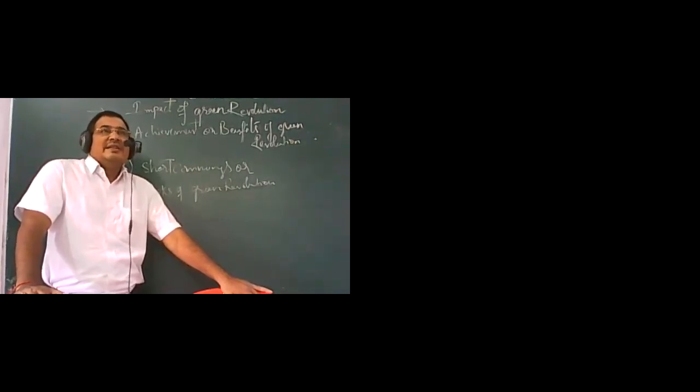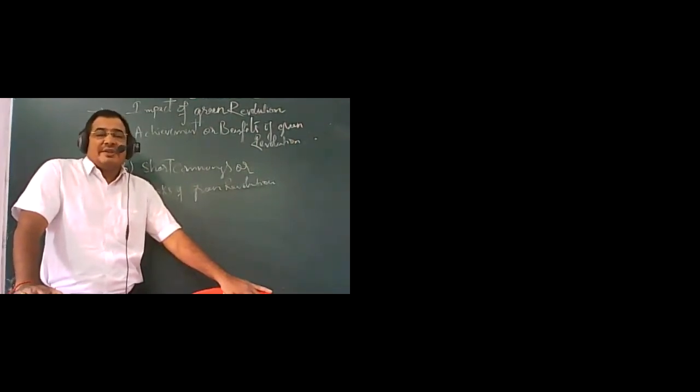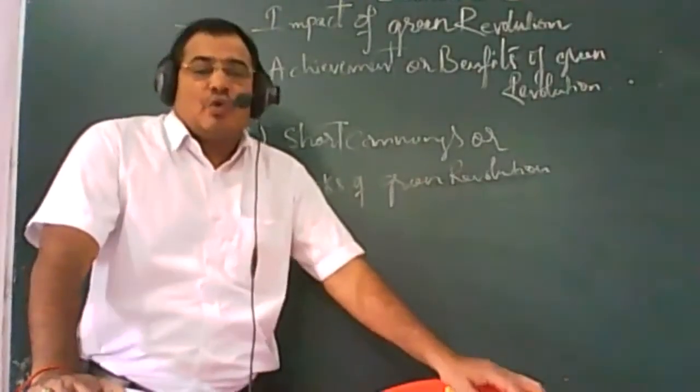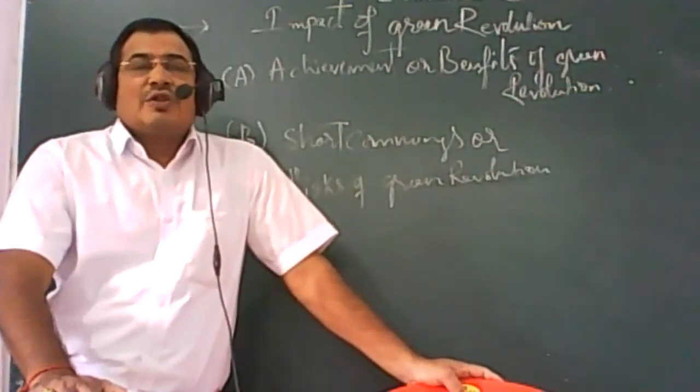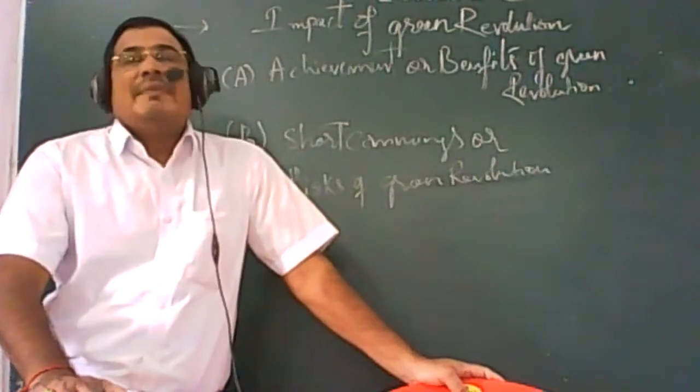The produce that was earlier grown for own subsistence now supported the market, where there was a surplus of food grains, which the farmers sold in the market. In this way, subsistence farming was converted into commercial farming.